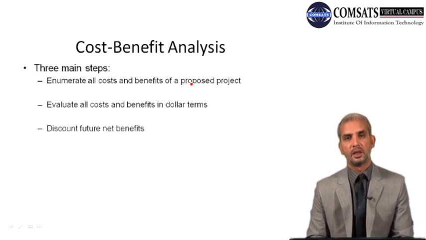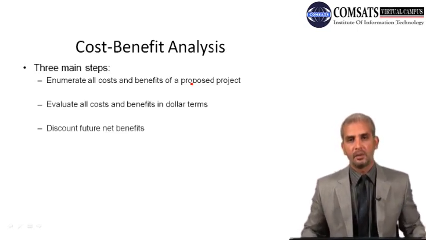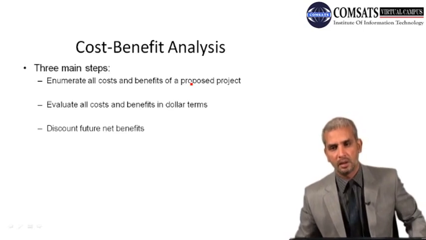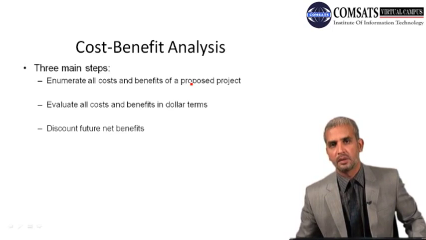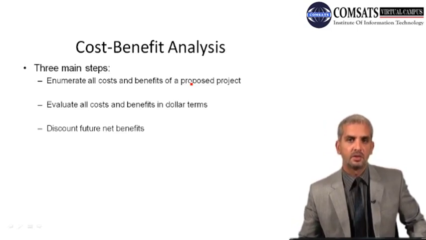Then we need to evaluate all costs and benefits in dollar terms, because if we need to do the comparison, it is very difficult otherwise. For example, for any government activity to protect human lives, or to prevent accidents on the road, we need to see the benefits in dollar values.